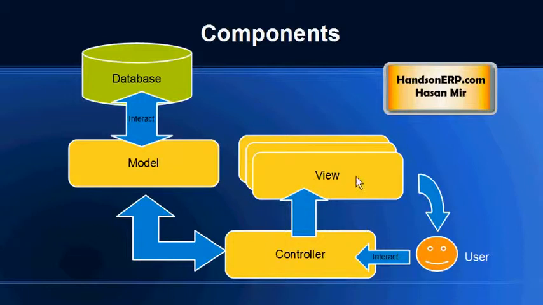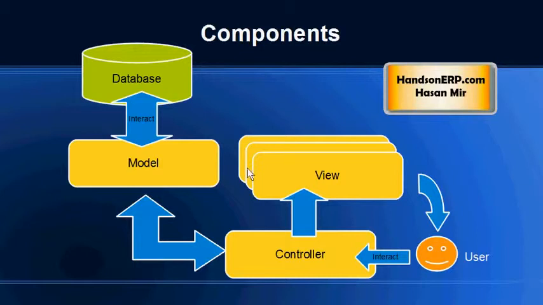So the colors, the layout, and the whole presentation is contained within the view, and what data to display using that presentation layer has been returned by the database to the model, and that data will be displayed on that screen to the user.